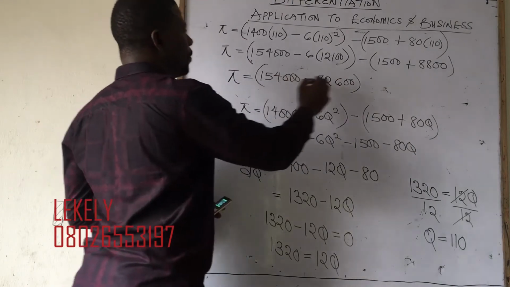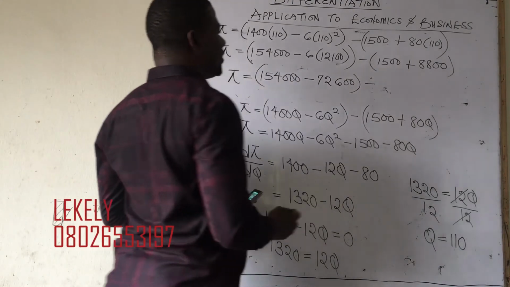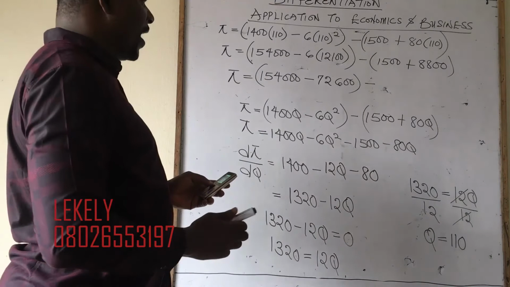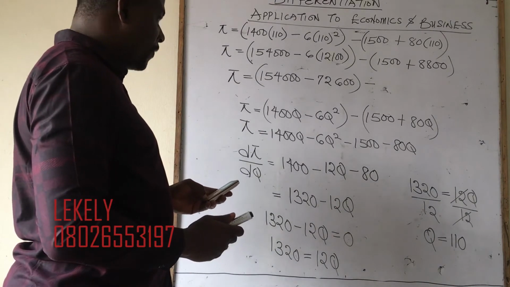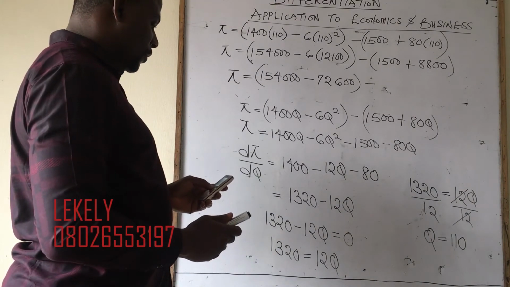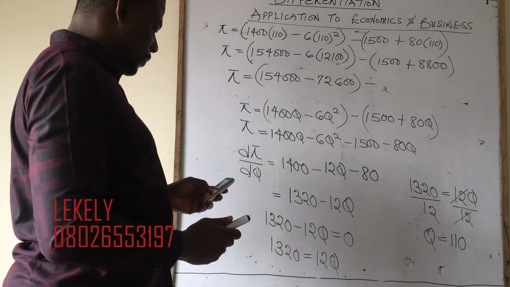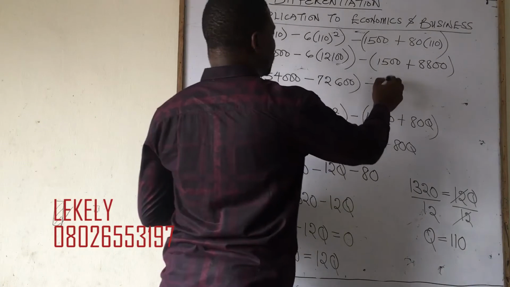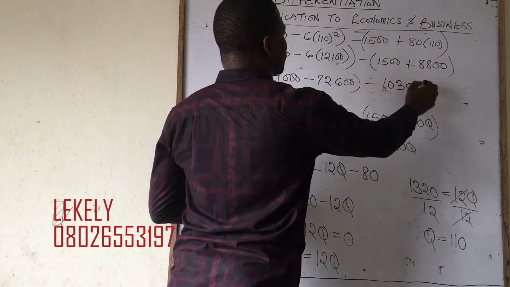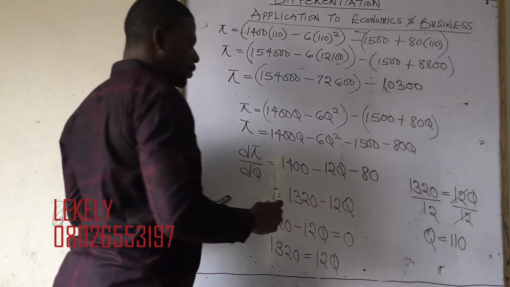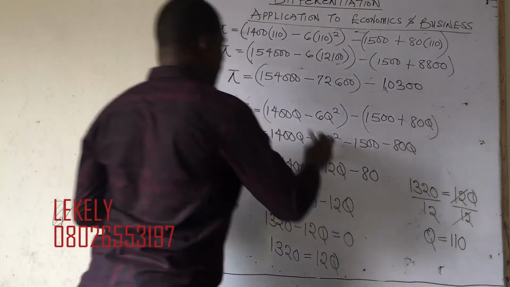Then minus, if you add this together, 1500 plus 8800, that is 10,300.